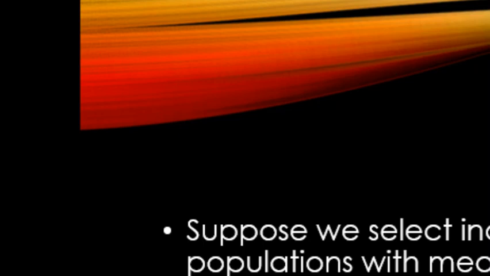respectively. From each of these populations, we select independent simple random samples. So basically, the first sample from population 1 of size n1, second sample from population 2 of size n2.